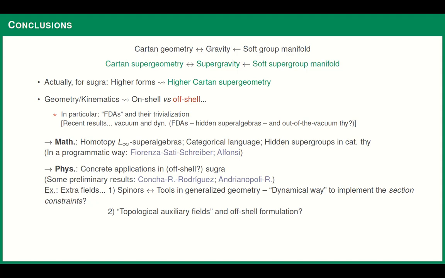So if these are indeed a dynamical way of implementing the section constraints in generalized geometry, and also if those extra fields can have something to do, we have analyzed the theories in the presence of one also. Here I added the adjective topological, but anyway, if these extra fields have something to do with auxiliary fields and can be interpreted as auxiliary fields in off-shell formulation of supergravity.